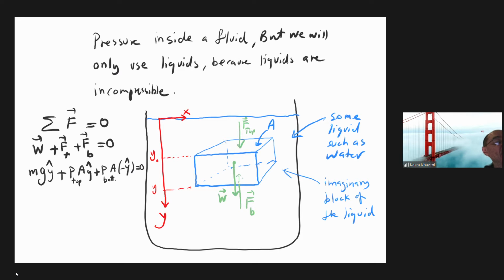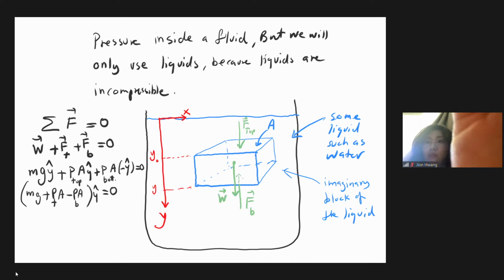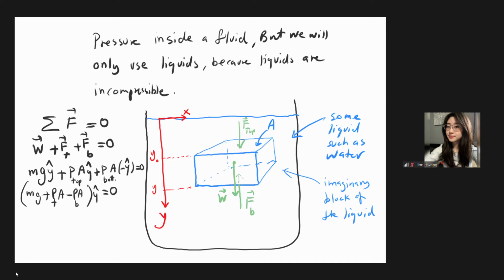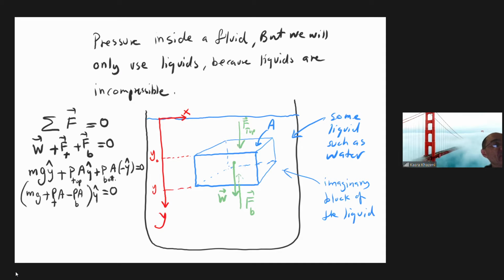So now I can just factor out the y hats. Okay, now that means everything in that parenthesis has to be equal to 0. So then I can write it as P at the bottom is equal to P at the top plus mg.